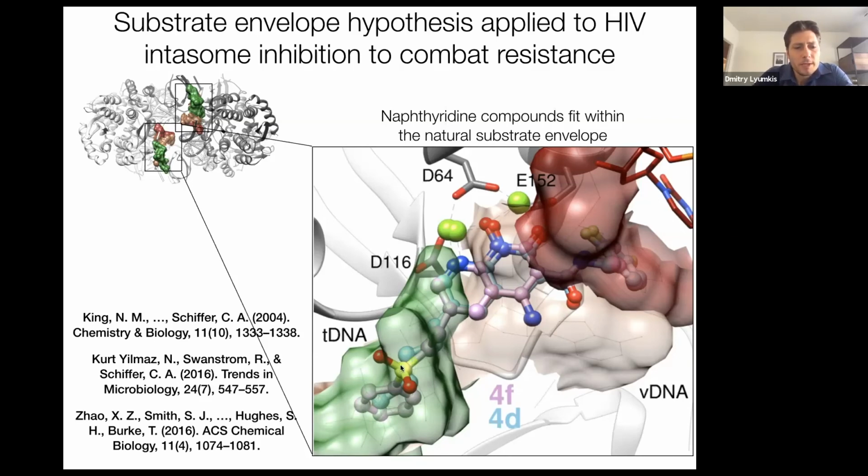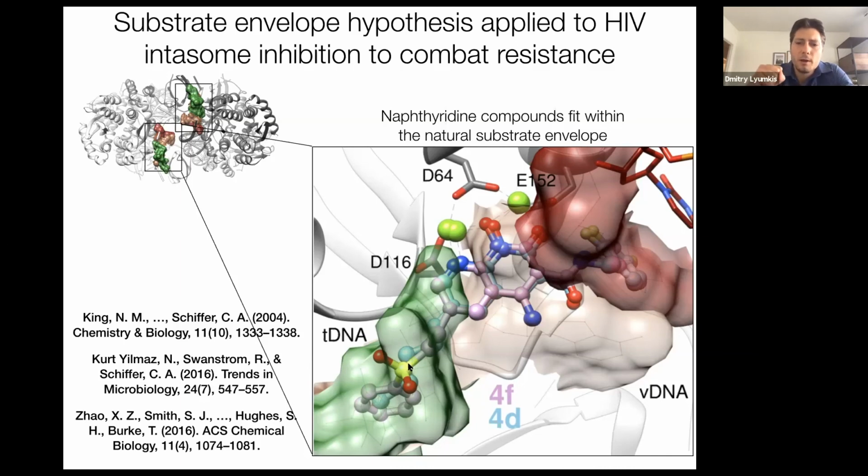Basically the idea is that a resistant variant needs to displace the bound drug. If a resistant variant arises and it displaces the drug while at the same time protruding into the natural substrate envelope, it will compromise viral fitness. So if you keep the drug within the substrate envelope, then a resistant variant will also compromise viral fitness.